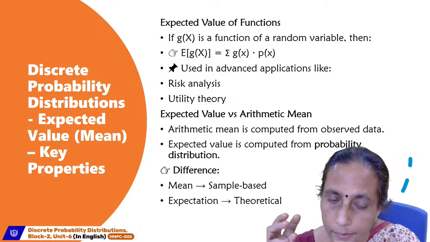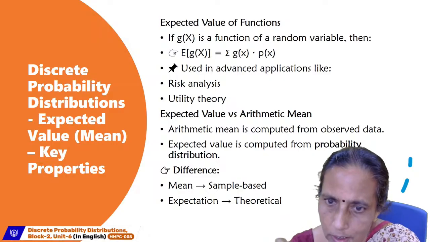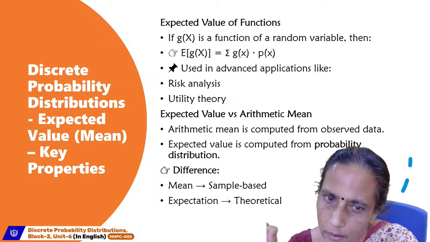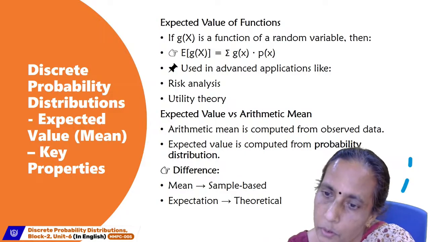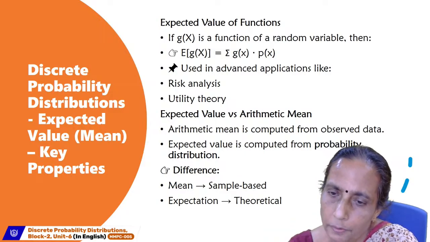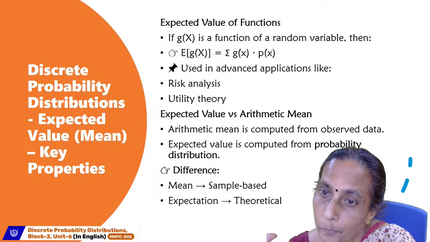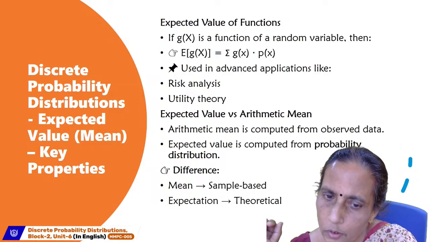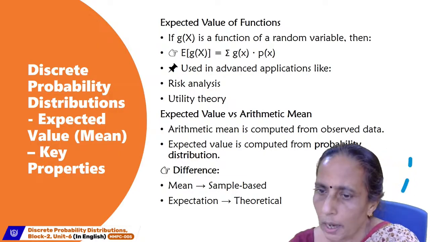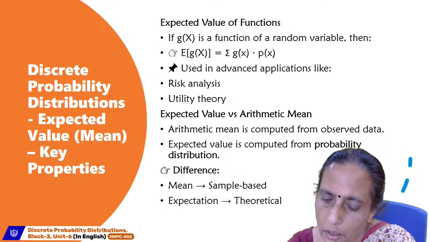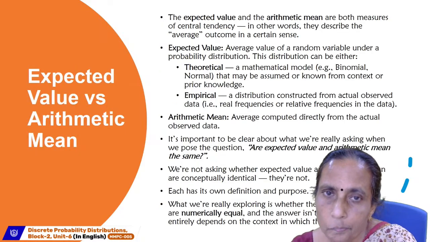Here, let us distinguish between expected value and arithmetic mean. Arithmetic mean is computed from observed data, whereas expected value is computed from the probability distribution. So your mean is sample based and your expectation is theoretical.